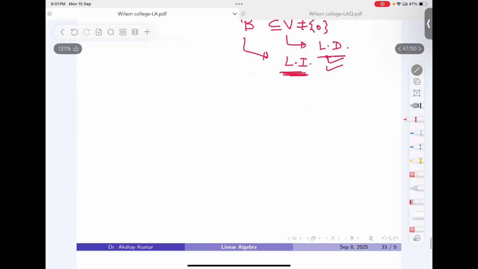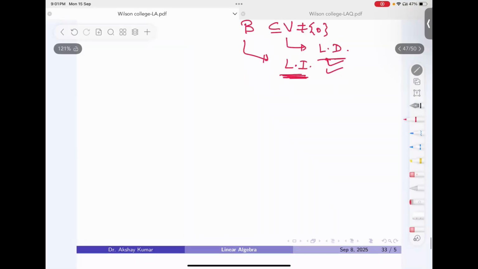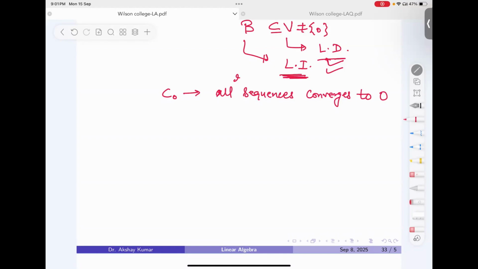Okay, I can pose one question. I remember one question. Do you know this space C naught, all real sequences which converge to 0? Have you seen this space?